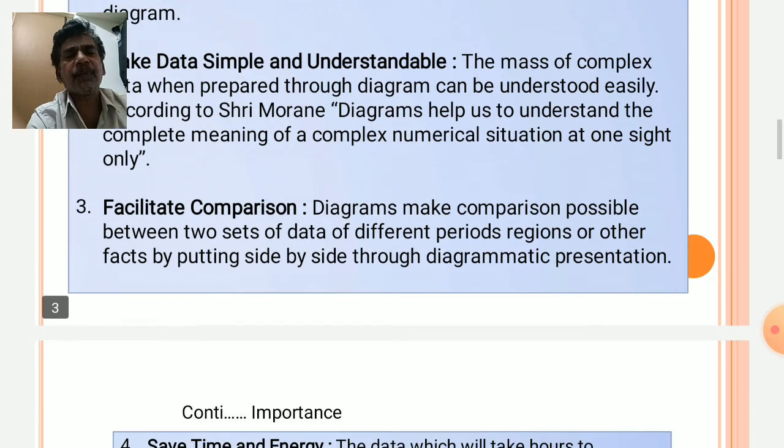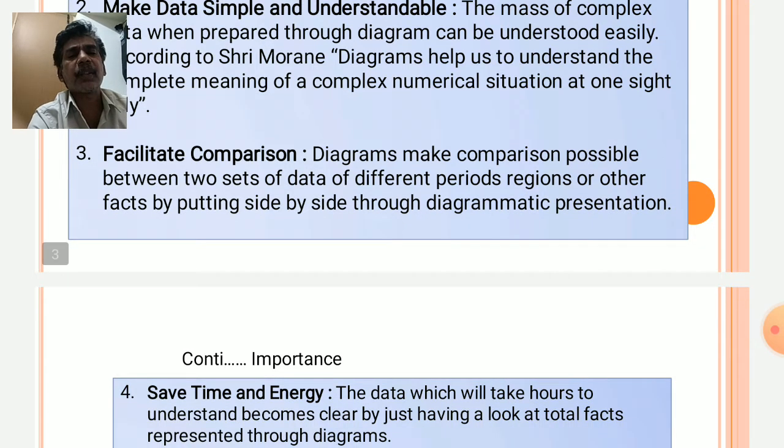Now, facilitate comparison, another importance of diagrams. Diagrams make comparison possible between two sets of data of different points, regions, or other facts by putting them side by side through diagrammatic presentation.